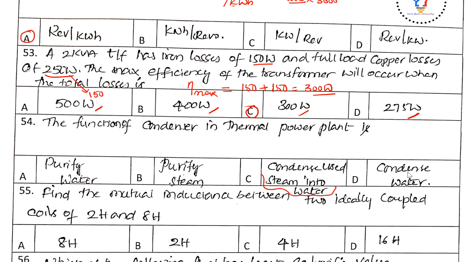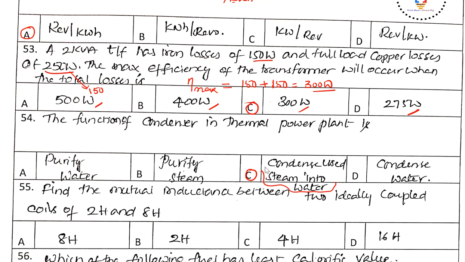In a thermal power plant, the water is boiled in the boiler and becomes steam. The steam is reused here. So the condenser in the thermal power plant is used to condense used steam into water again. So we are recycling the water. That's the reason why C is the right answer.